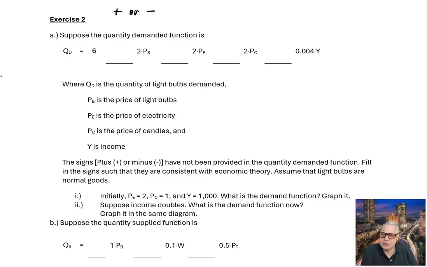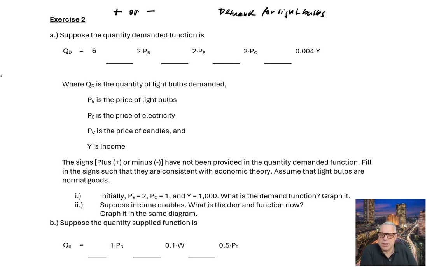You see that the quantity demanded function is first of all the function of the demand for light bulbs. So that's a demand for light bulbs.